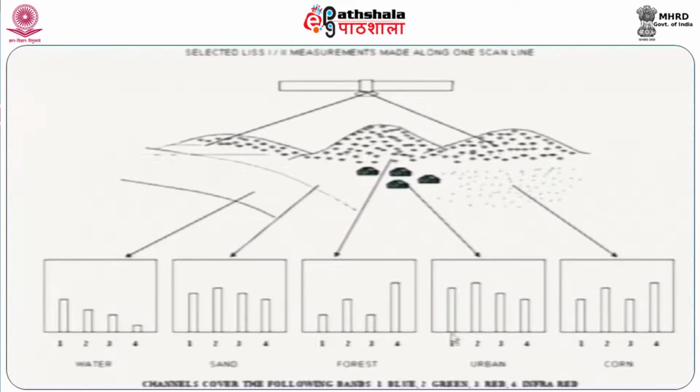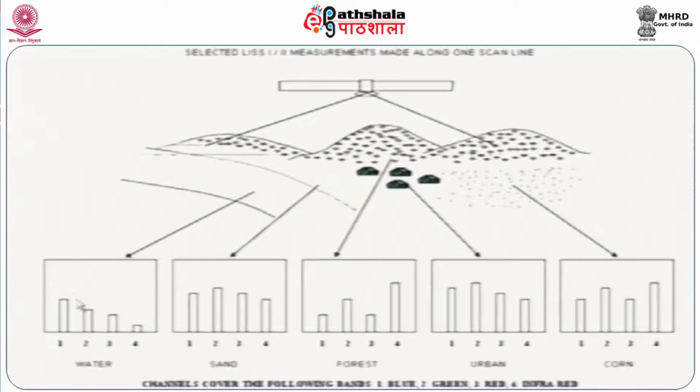Urban, you talk about blue, green relatively okay, when you talk about red and infrared it is lesser. Whereas corn is again a kind of vegetation where you find it will be less, better, poor and very great. So, this is what you should understand.